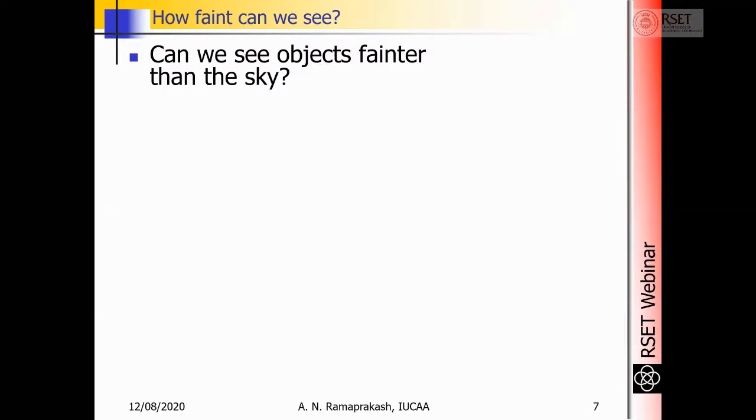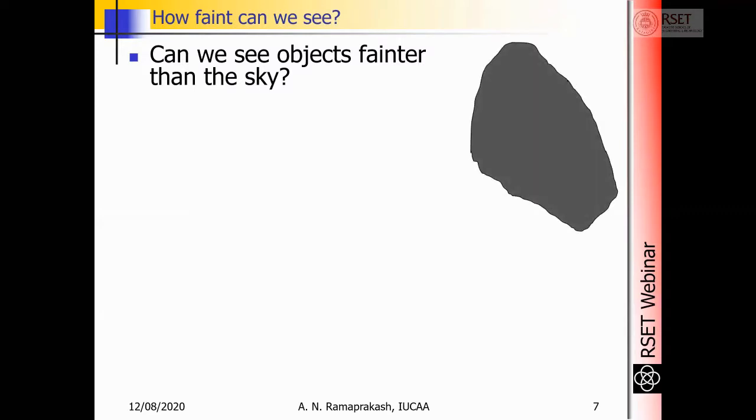So can you see any object fainter than the sky itself? The sky has some light. Even the night sky has a certain brightness. It is not zero, it's still emitting some light even in a night sky. So if a star is fainter than the night sky brightness, can you see it?